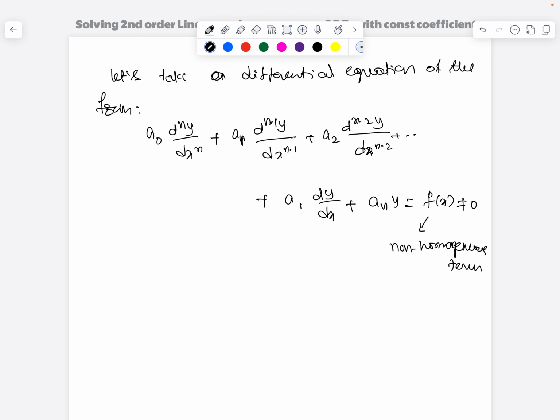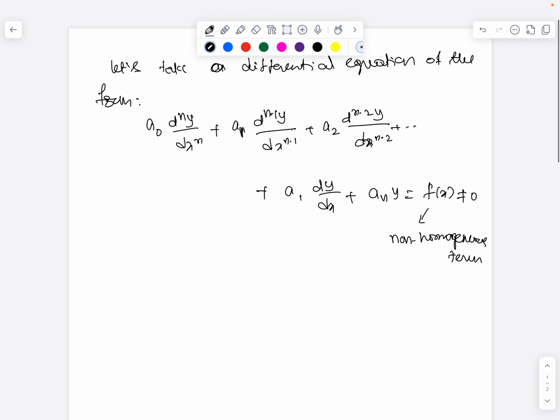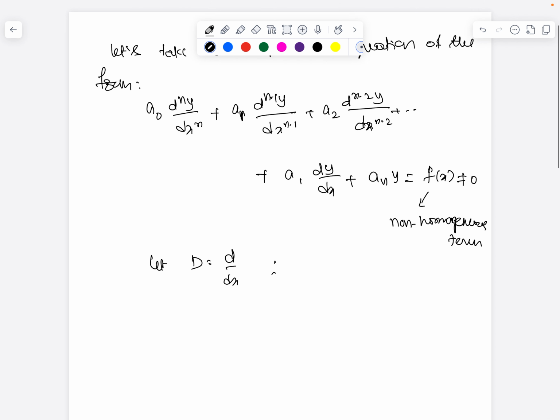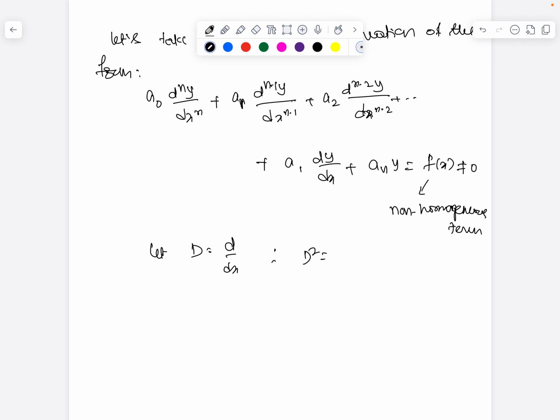constant coefficients. So this you can write as, if you define D equal to d by dx, the equivalent form of the above is D squared equal to d squared by dx squared, and D cubed equal to d cubed by dx cubed. Third derivative, and nth derivative is d to the n by dx to the n.